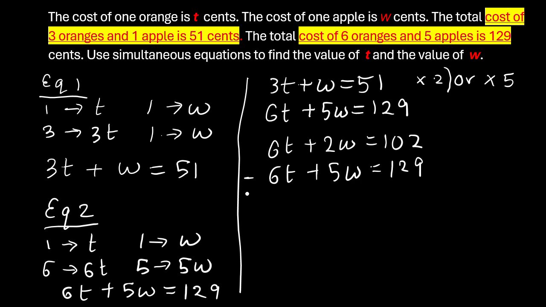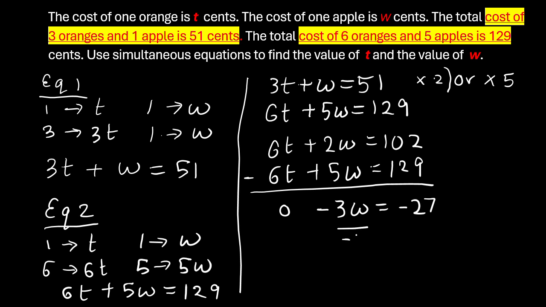We subtract the two equations. 6t minus 6t is 0. 2w minus 5w is minus 3w. 102 minus 129 becomes negative 27. Now, we divide by negative 3 on both sides. We find that w is equal to 9.